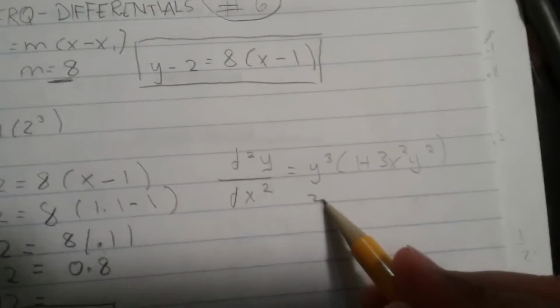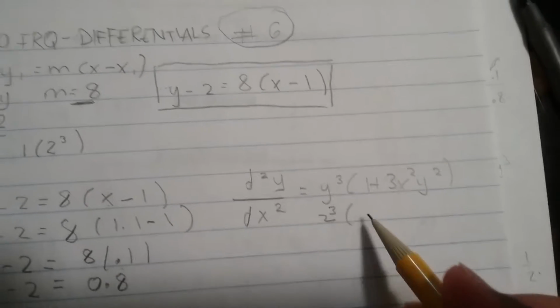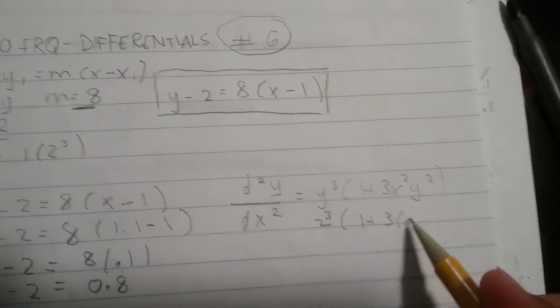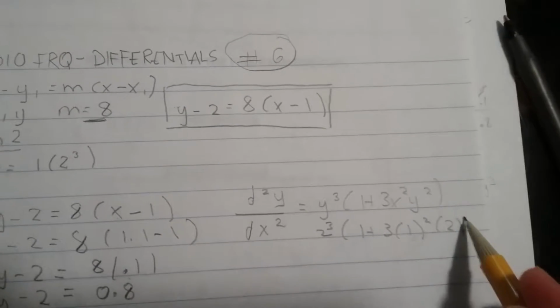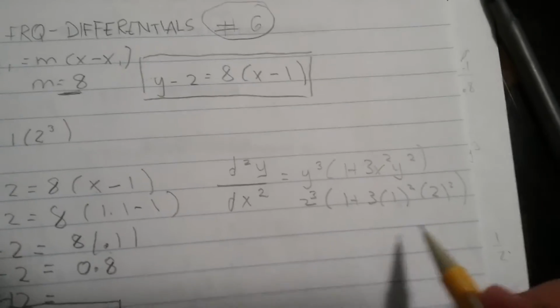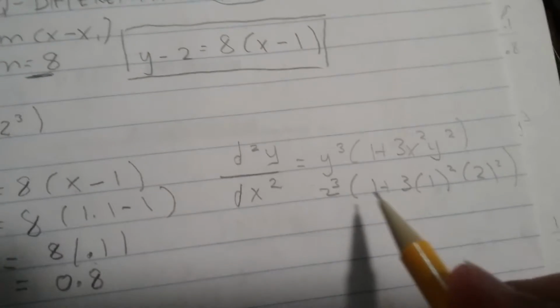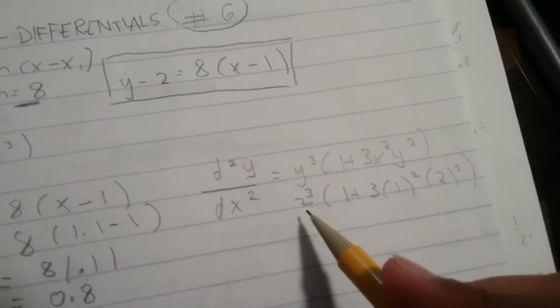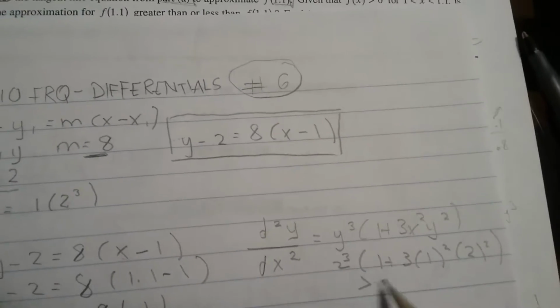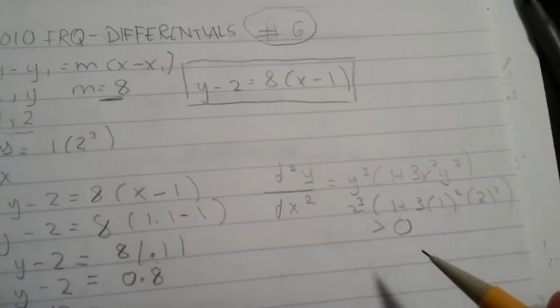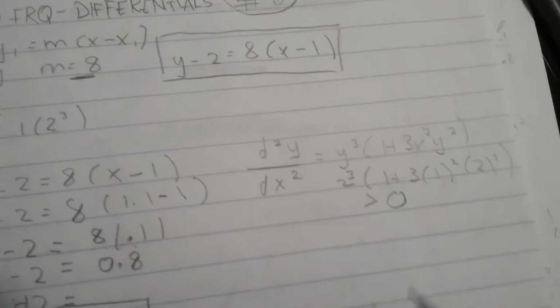Once again, we're just gonna plug it in or substitute it. There's no need to do the algebra because all of these are positive numbers. So at the end it is going to be greater than 0. So this means it's concave up.